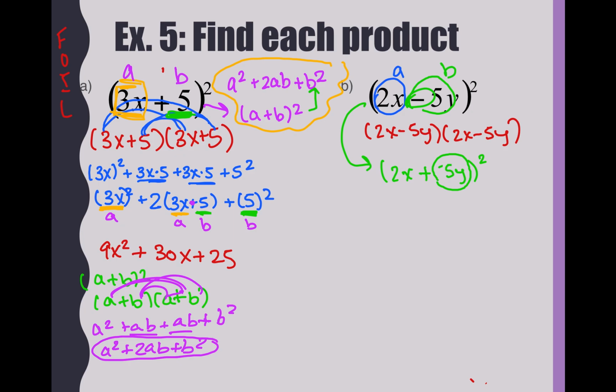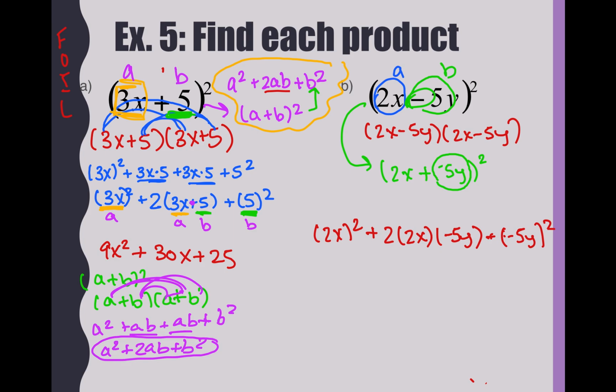Then my product is going to be a squared. So a is 2x, so I'm going to do 2x squared, plus 2 times ab, where a is 2x and b is negative 5y, plus b squared, that's negative 5y squared.